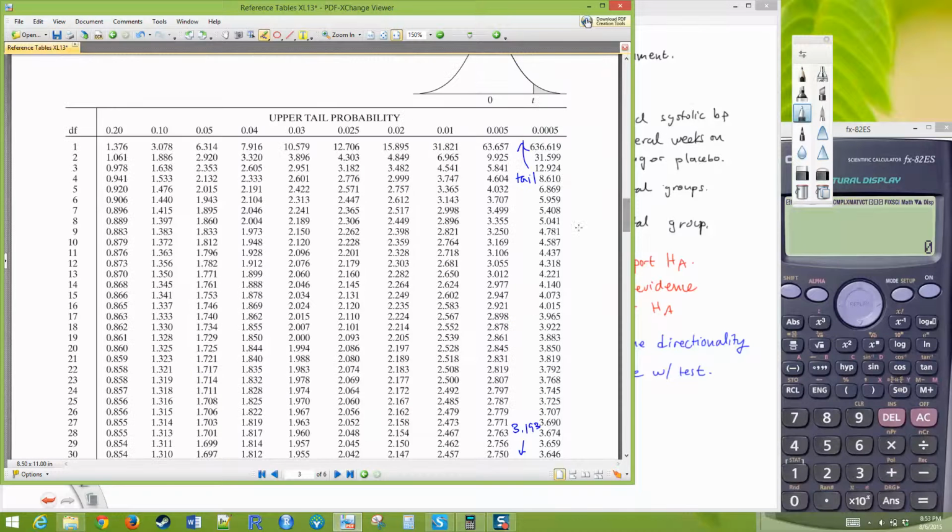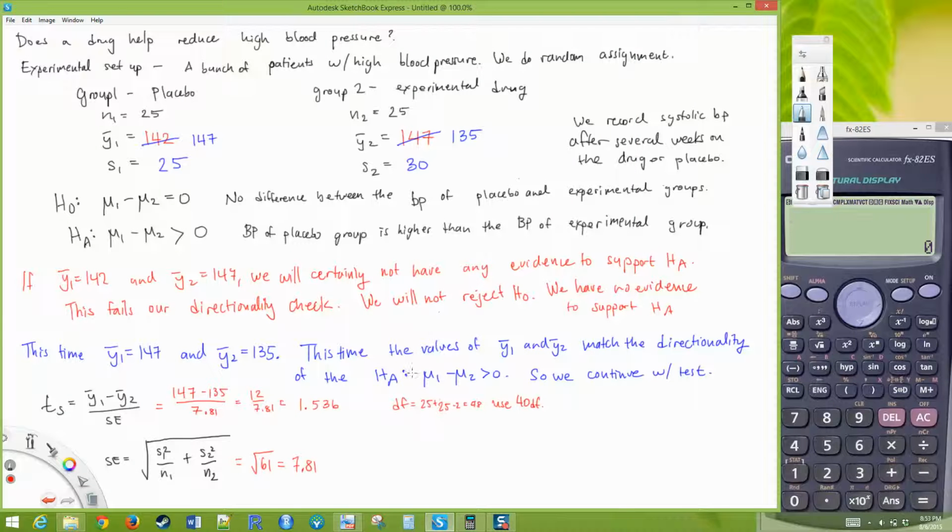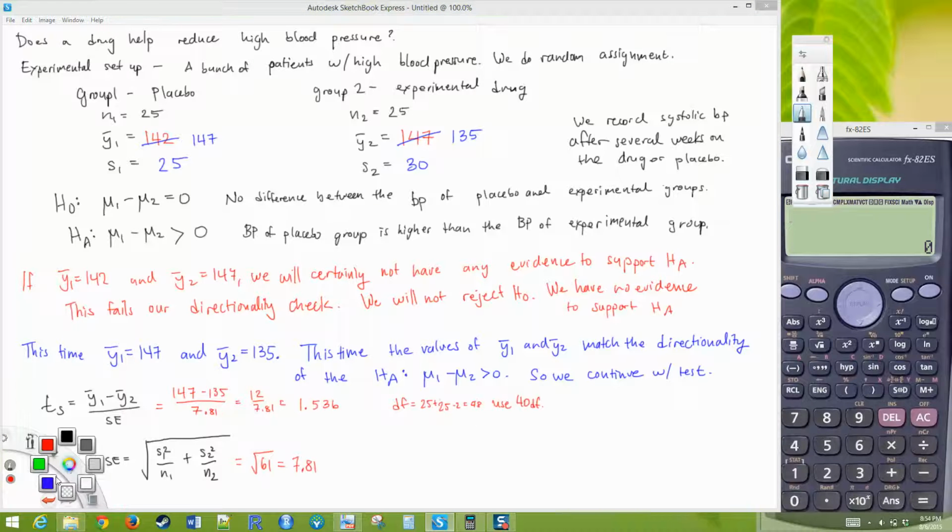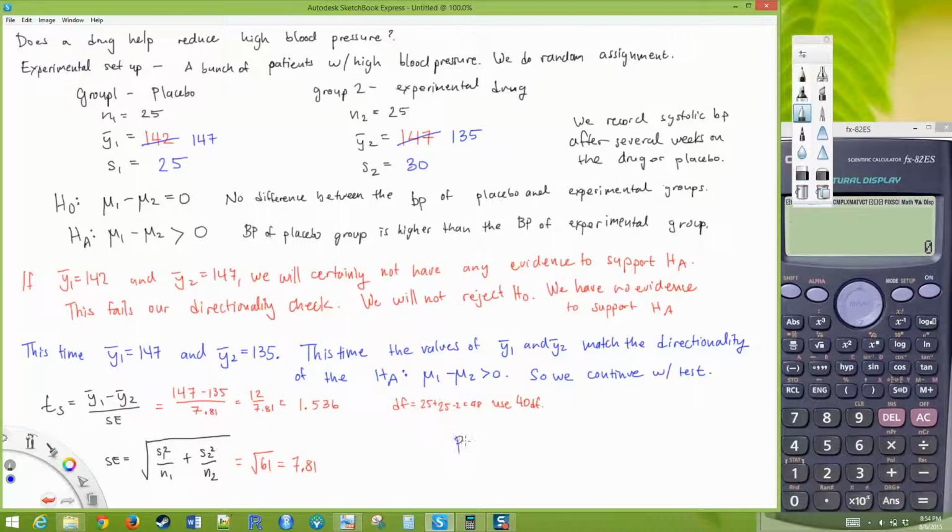That is in between 0.10 and 0.05. Our resulting p-value this time, because it's one-sided, I don't double it. My resulting p-value is my tail area, which is going to be between 10% and 5%, from the table.